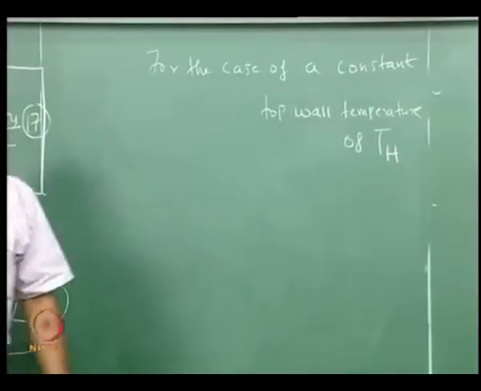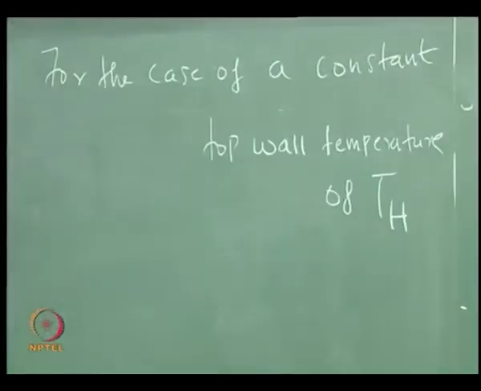For a constant hot wall temperature of TH at the top, TC is the cold temperature at the 3 sides.